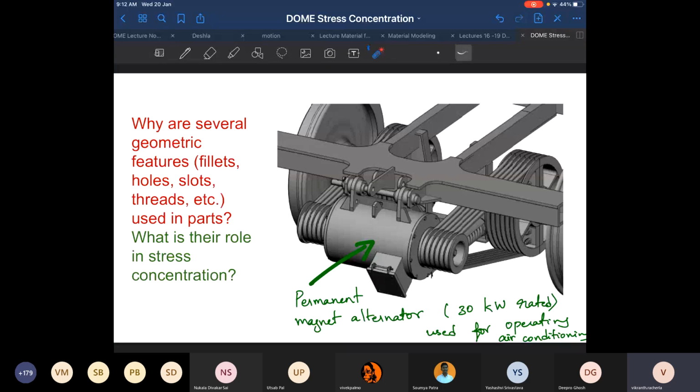You will see that for many parts, particularly shafts which are highly loaded, you have geometric features like fillets, holes, slots, threads, etc. So why do we use so many geometric features? And we will be looking at what is their role in stress concentration.